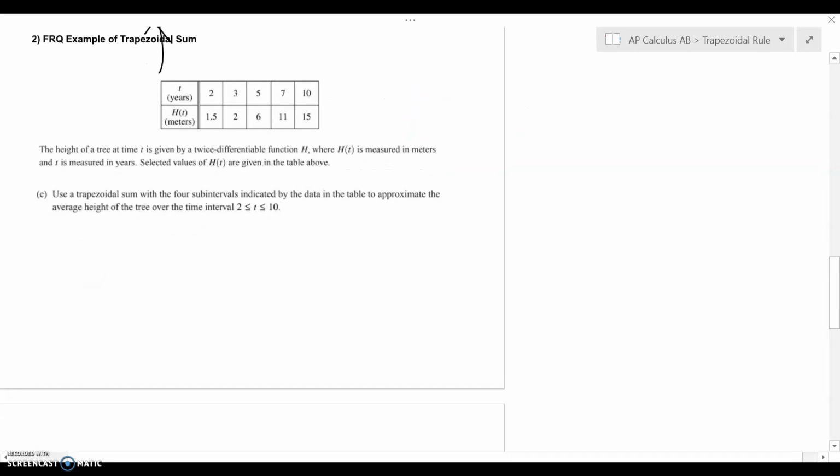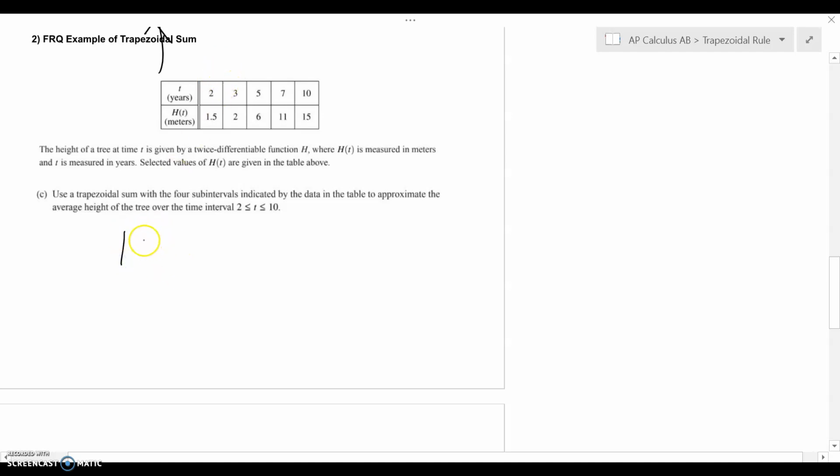Same idea happening on this particular problem for the free response question. So we use a trapezoidal sum given staggered subintervals. They're not giving you the set subintervals. They're giving us 4 from 2 to 10, and they're asking us just to approximate the average height of the tree. So in order to do that, we'll go from 2 to 3. That's going to have a width of 1.